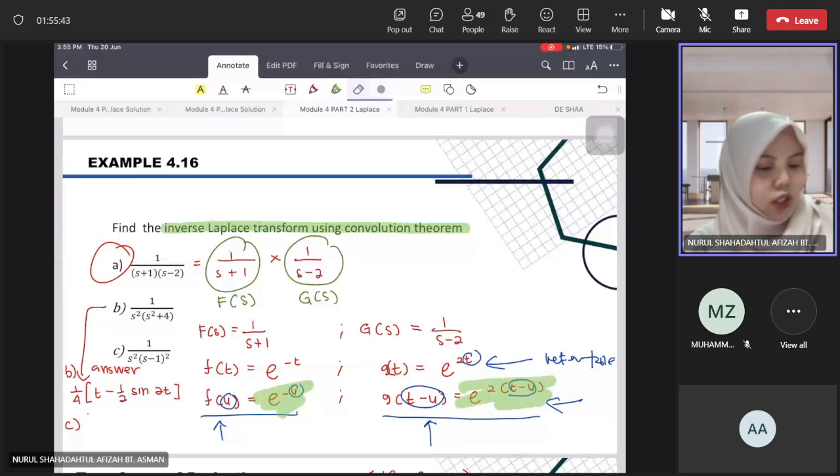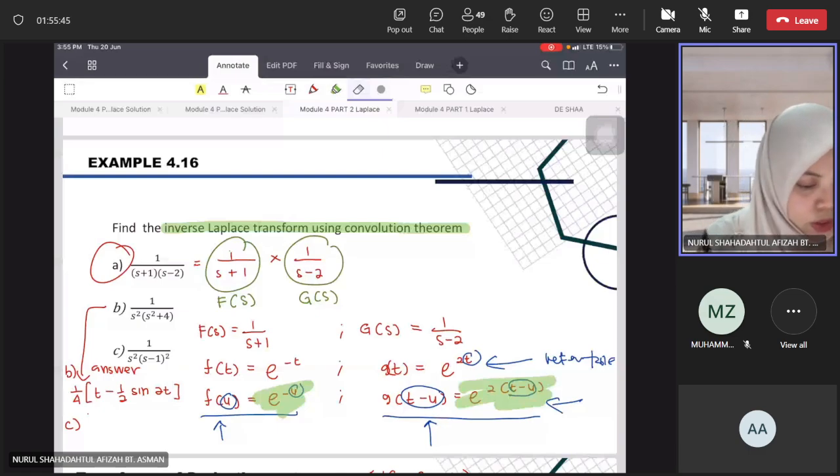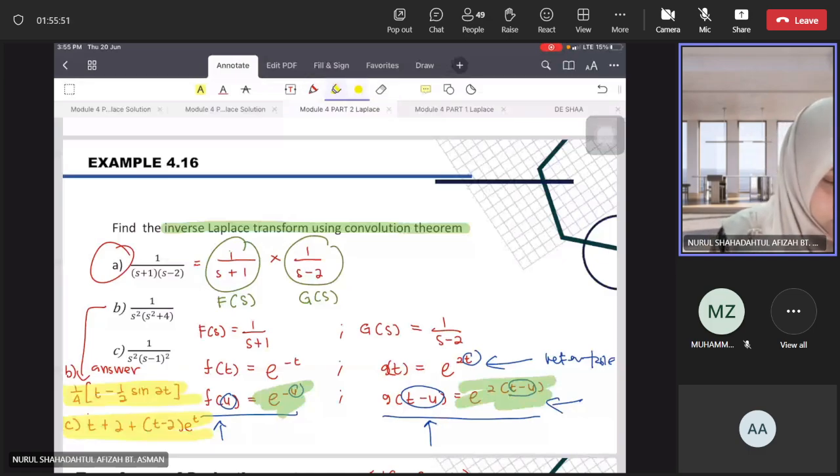So this is the answer for question B and example 4.16c. Then you can try to do it yourself. Maybe I will include it in test 3, so maybe you can try to do it.